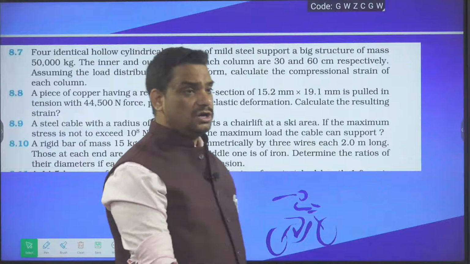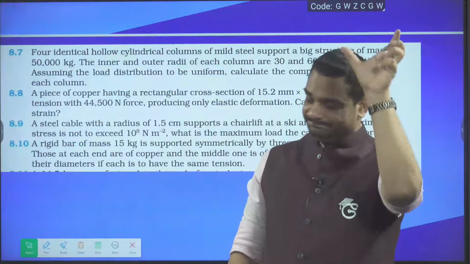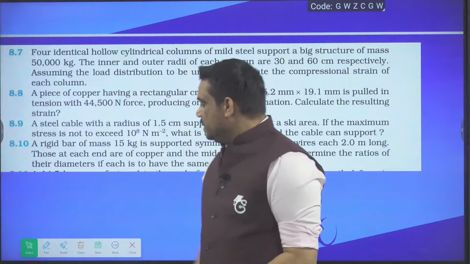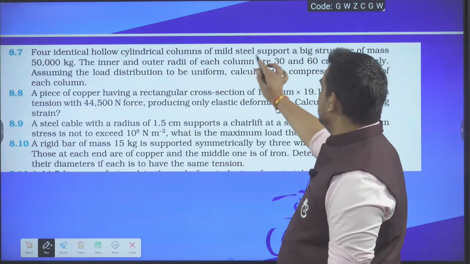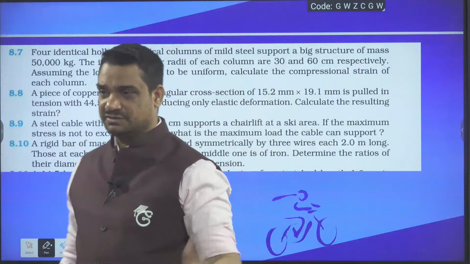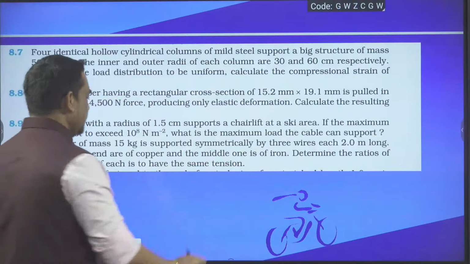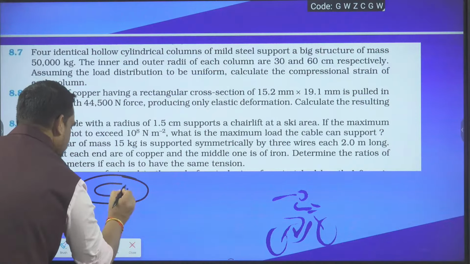Here come some questions. Take it from your NCERT exercise. Four identical hollow cylindrical columns of mild steel support a big structure of mass. This is from a bridge, and they have given the inner radius and outer radius. So this is the outer radius, this is the inner radius.